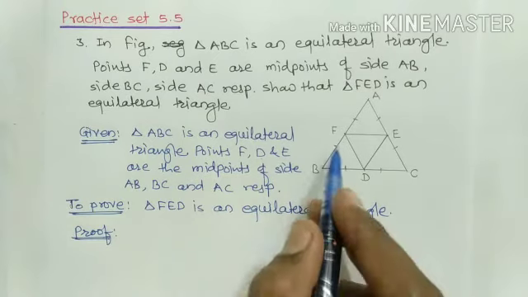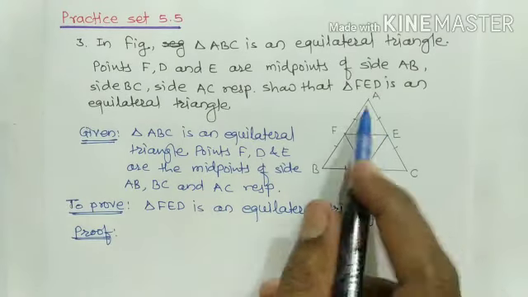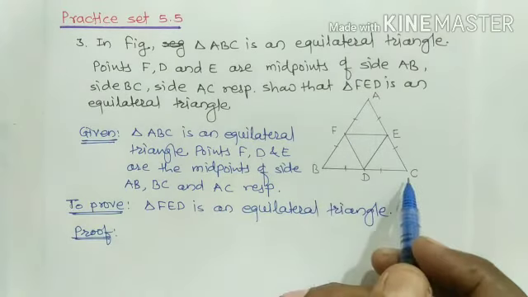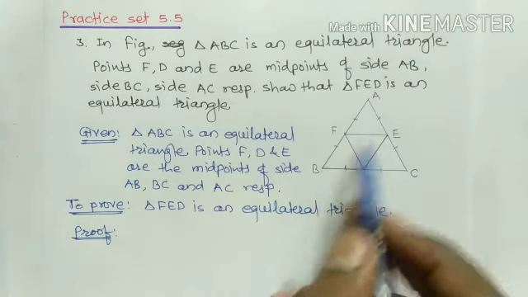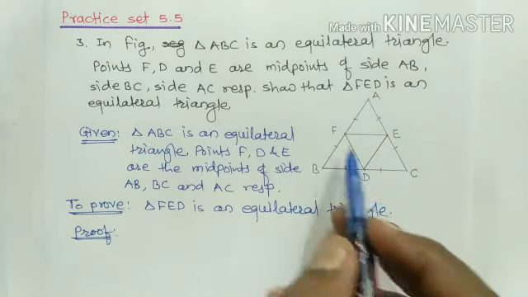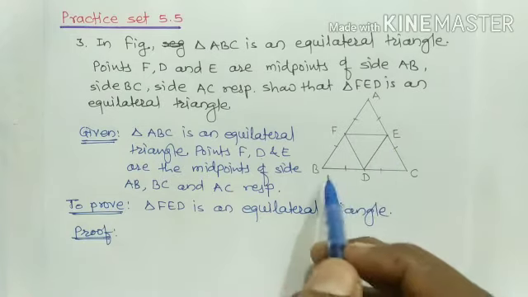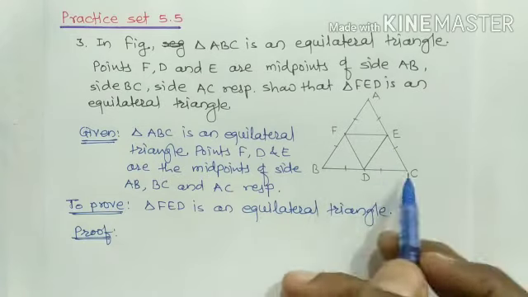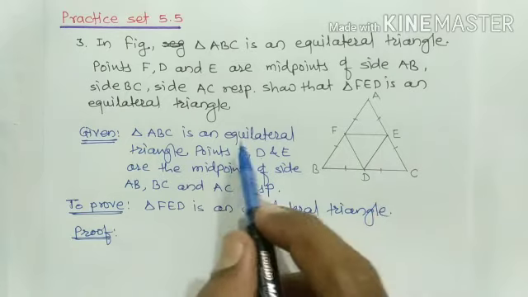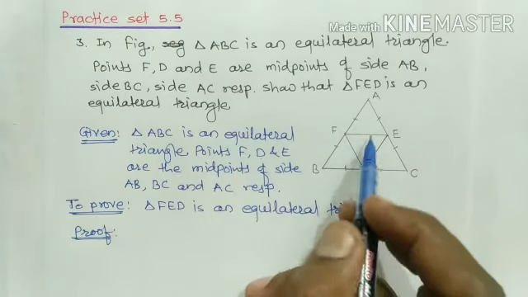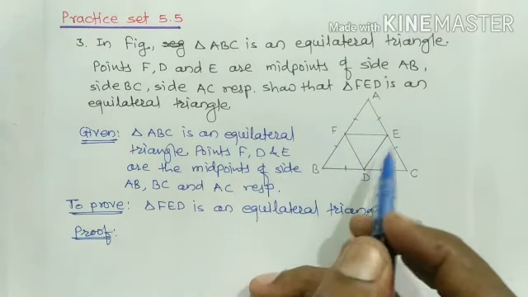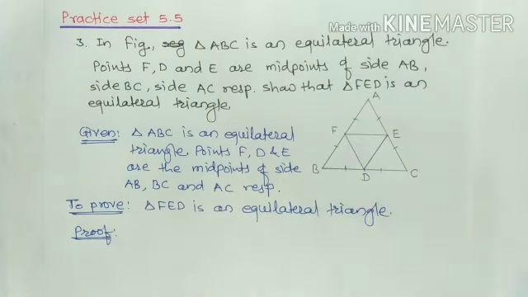Here in triangle ABC, points F and E are the midpoints of side AB and side AC. Therefore, by midpoint theorem, FE equals half BC. Similarly, we show that FD equals half AC and DE equals half AB. But AB equals BC equals AC. These are the sides of an equilateral triangle. Therefore, FE equals FD equals DE, and hence triangle FED is an equilateral triangle.